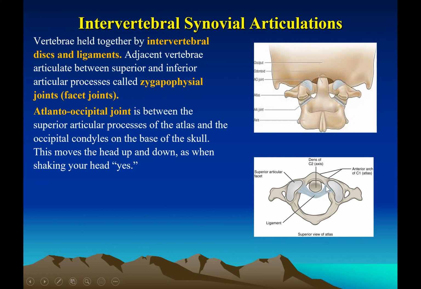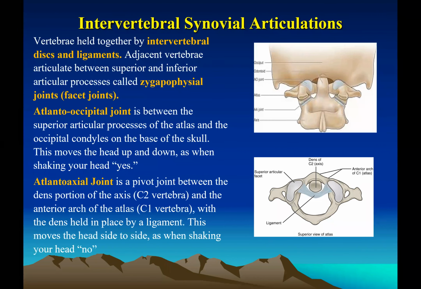This is the atlanto-occipital joint. The atlantoaxial joint is a type of pivot joint. This will help you to nod your head no.